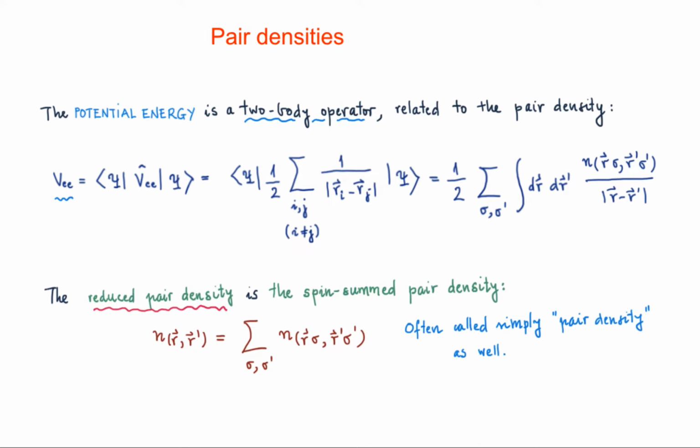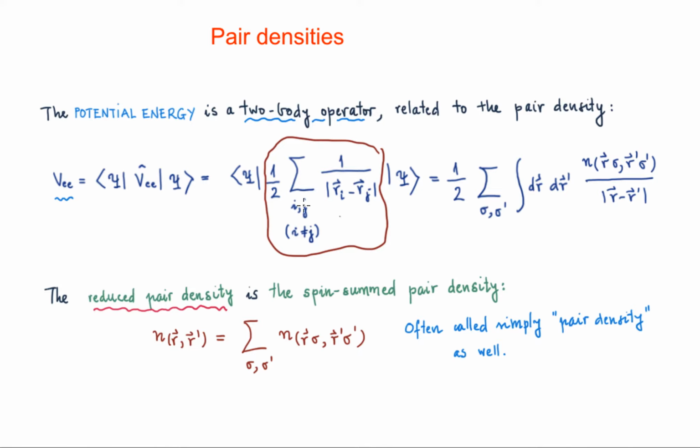So the expression for the electron interaction is just this one. Okay, you have 1/2, just in order not to count the two particles twice, the summation over i and j, but without considering both to be the same, 1 over the norm of Ri position vector minus Rj position vector.